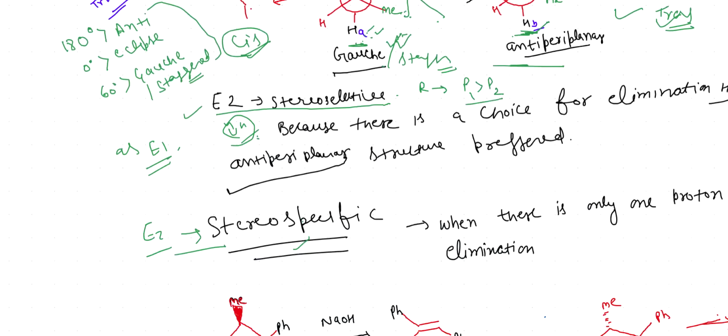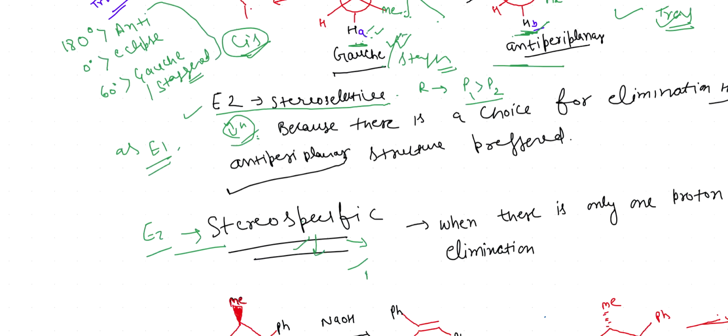In case of stereospecific, it depends upon the stereochemistry of the reactant. Whatever stereochemistry the reactant has, it will give a product similar to the stereochemistry of the reactant. So look at the definition of stereospecific.